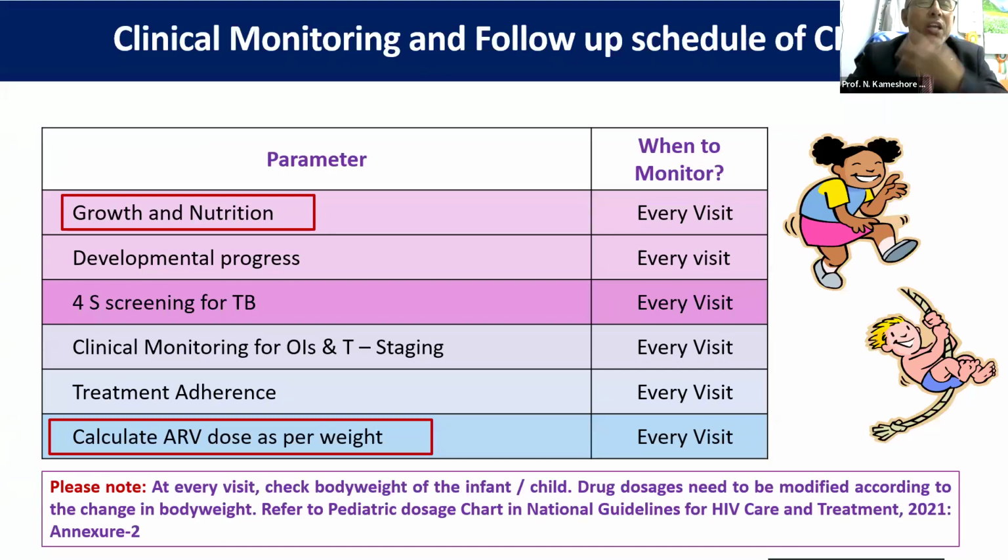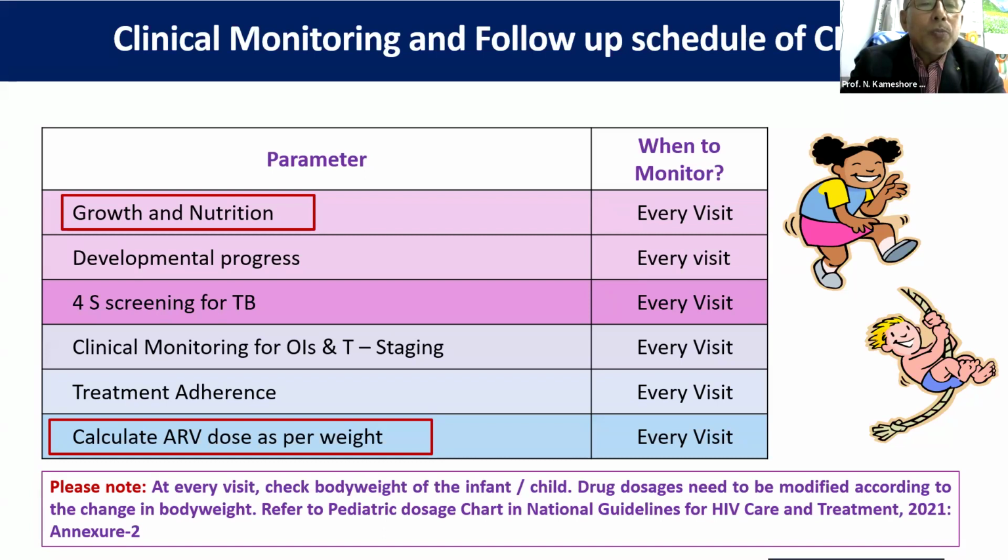So not only the ART, when we are taking care of a child living with HIV, we should always monitor some parameters like growth and nutrition in every visit, development and progress in every visit. In every visit, we have to do screening of tuberculosis by 4S screening.